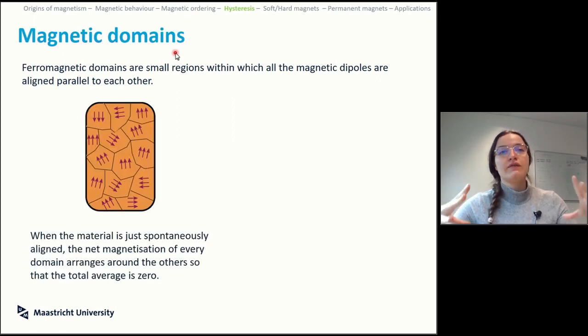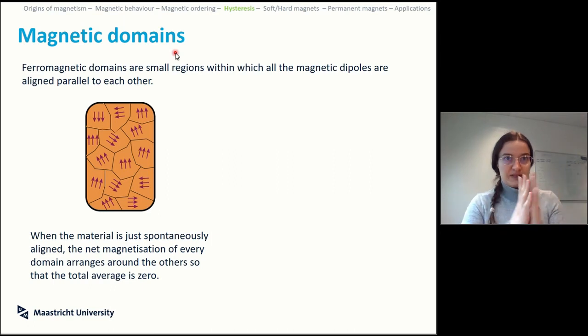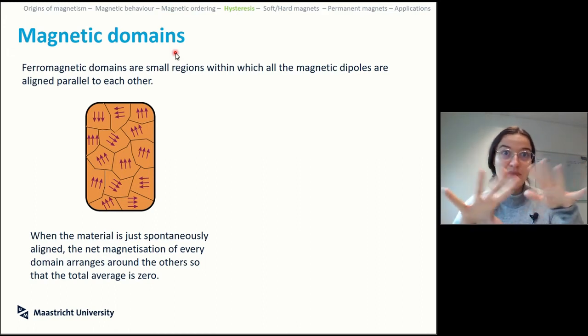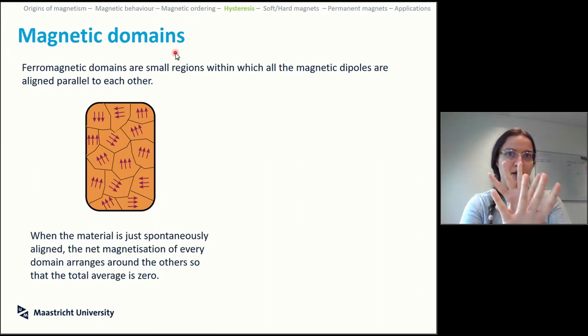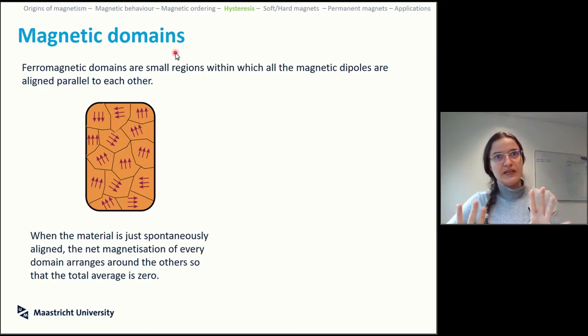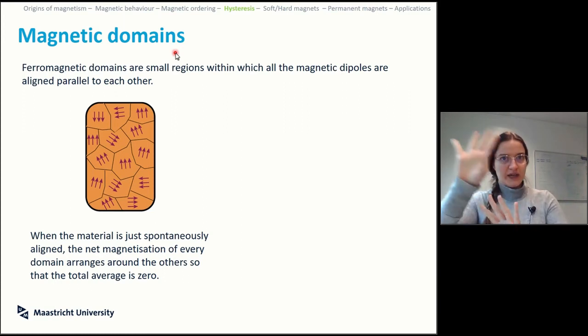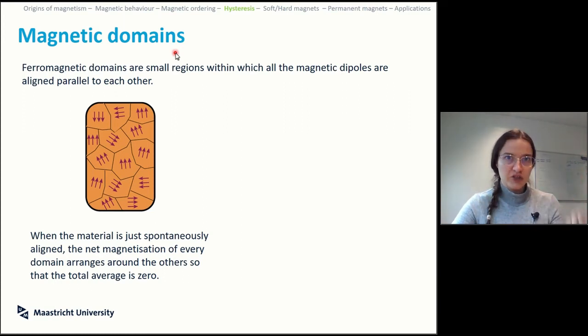When you have a ferromagnetic material that has gone below the magnetic ordering, you just have a series of regions in the material in which the magnetic moments of the atoms are aligned with each other. This is a behavior of the material. So in any region you look at, you will find magnetic moments aligned with each other.